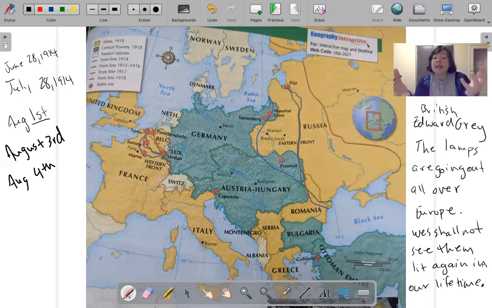And it's symbolism. I'm sure you've learned about symbolism in literature class. The lamps are like the Enlightenment, the people getting smarter and better and progressing, and the world becoming a better place. And he said, no, that's all stopped. We're just going back into war, and things aren't going to get better until I'm already gone.